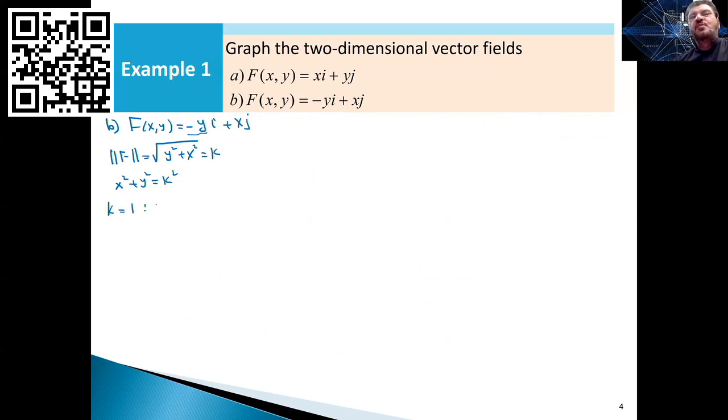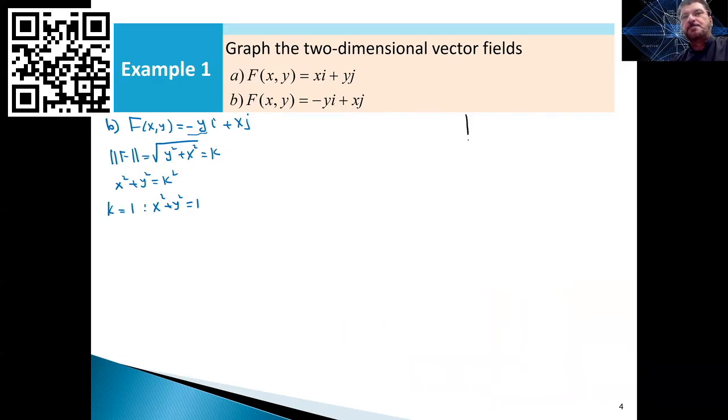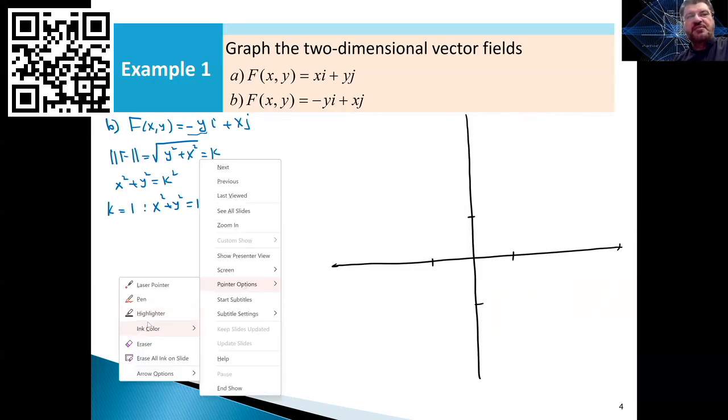So what do we get? We get x squared plus y squared equals 1, a circle of radius 1. So I'm going to graph now the circle of radius 1. Here is 1, 1, -1, and -1. So now I will graph this one in red.